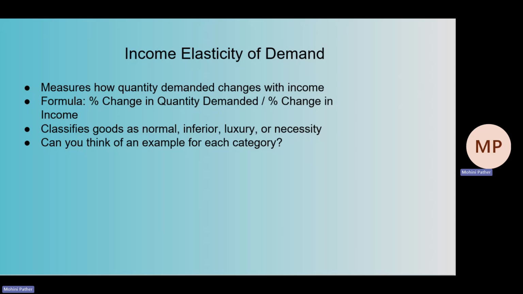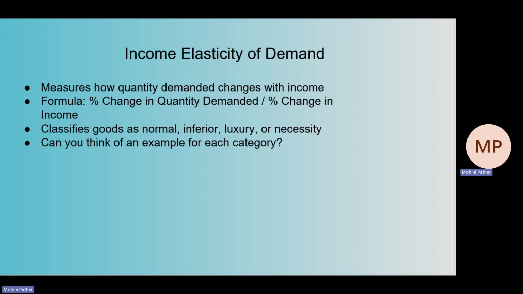If you start generating additional income or your income increases by 20%, you're far more likely to demand more luxury goods, so less inferior goods. You could also demand more of a good you enjoy than before. You could spend more money on luxury and less money on necessities.